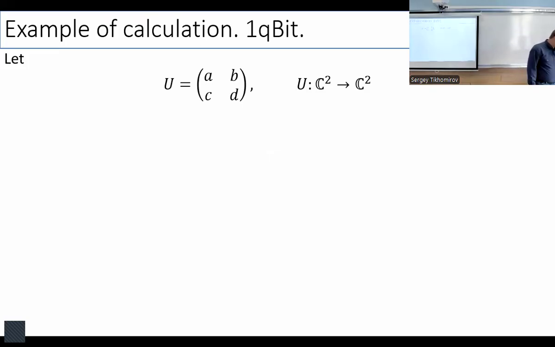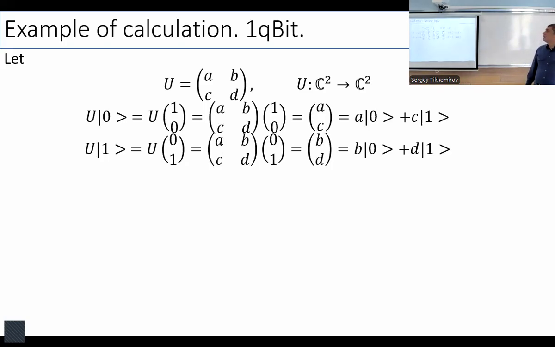Let us do some calculations. First we start with 1 qubit. Assume that we have a unitary matrix A, B, C, D. Because it's unitary, not arbitrary numbers are possible, but for the calculation, it doesn't matter. So how does it work?